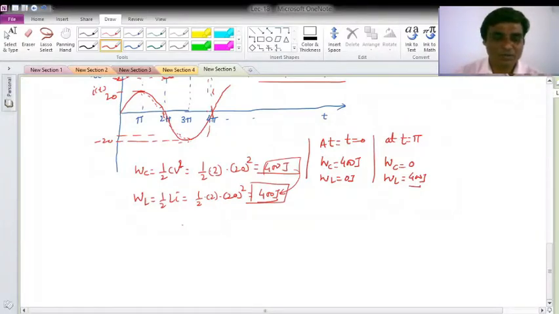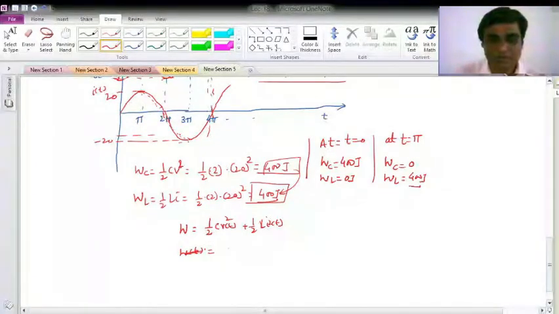Okay, now if I would like to calculate what will be the energy at any time t, it will be half C V of t square plus half L I square of t. So half C V square plus half L I square.